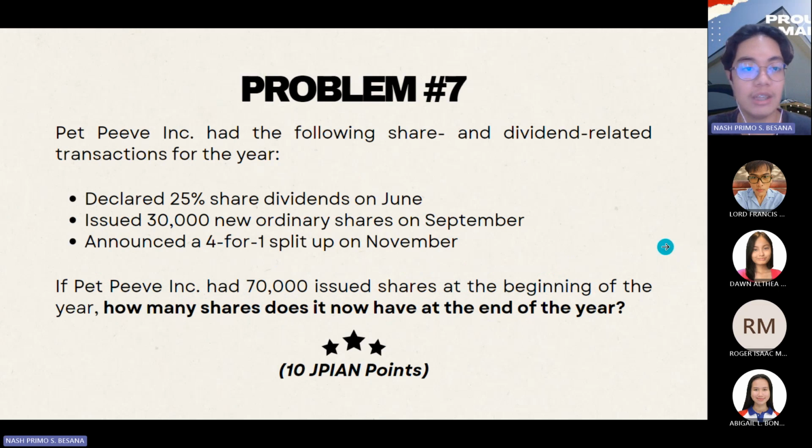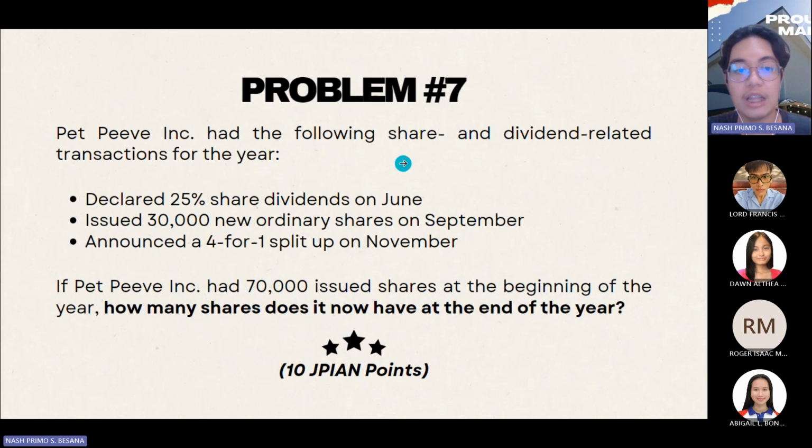So next, problem 7. Pet Peeve Incorporated had the following share and dividend related transactions for the year. So combination siya ng mga discussions natin earlier with dividends and share split. So declared 25% share dividends on June, issued 30,000 new ordinary shares on September, and announced a 4-for-1 split up on November.